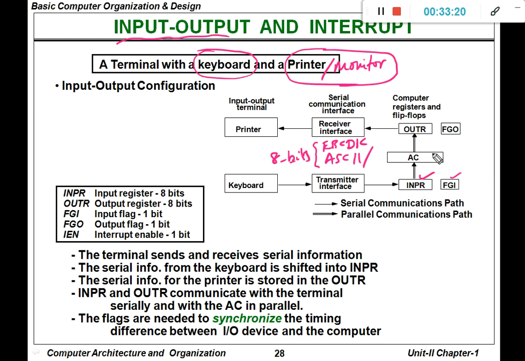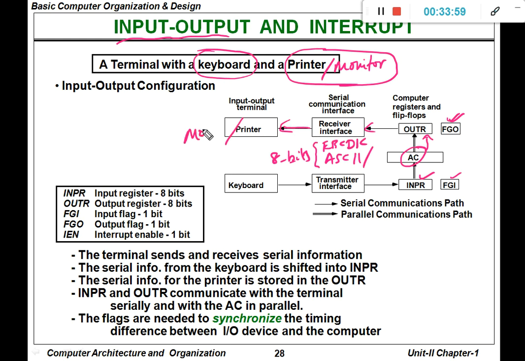As far as the output operation is concerned, initially the content of the accumulator register will be moved to OUT-R, and based on the value of the FGO flag, FGO means output flag, and FGI means input flag, based on the value set to the output flag, whatever value is stored in OUT-R will interact with the receiver interface, and that will be sent to the output device.